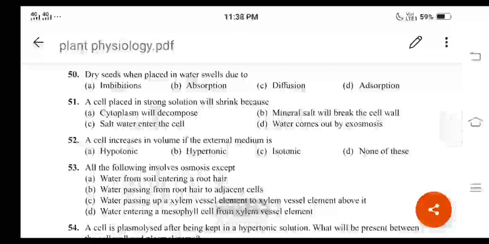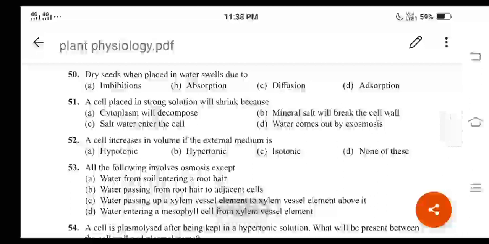Then D, let us look at option D, water entering a mesophyll cell from xylem vessel element, right? This is also correct. Okay, A, B and D are correct and C is the incorrect statement. Because water passing from one xylem vessel to another xylem vessel will move by a transpiration stream.